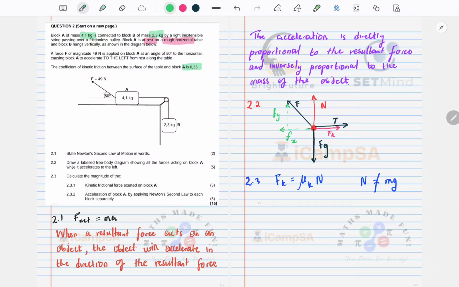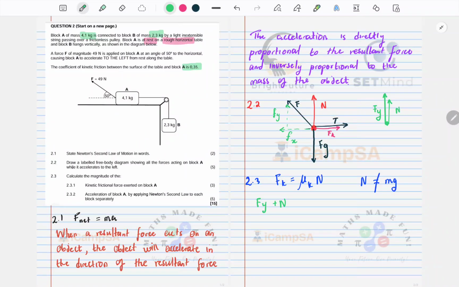So now we've got this y component, which is Fy plus N, right? Why am I adding these two components here? These two forces are going up, because now we've got something like this. If I can update my free body diagram for you, we're going to have this, which is Fy. Then we're going to have your normal force.